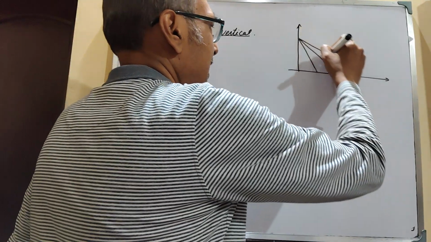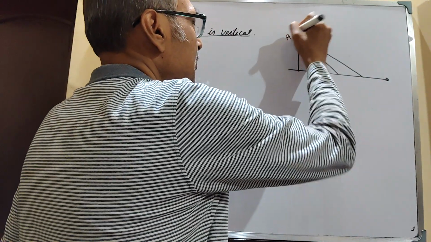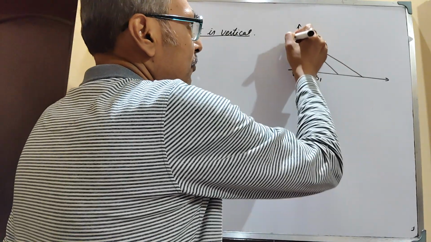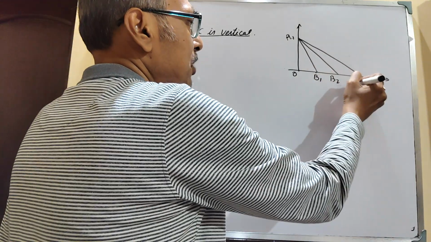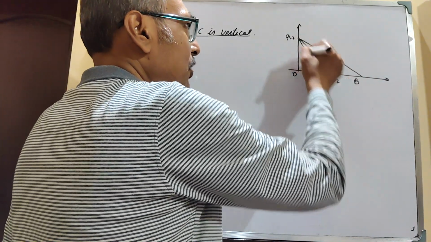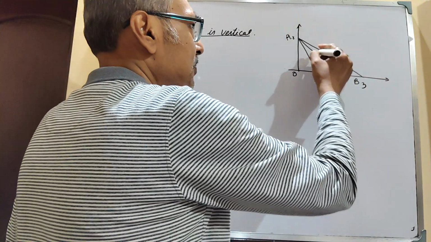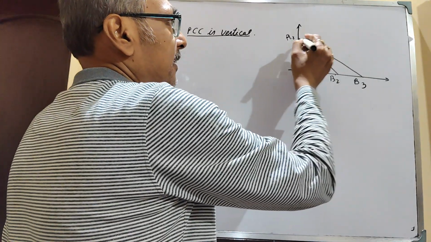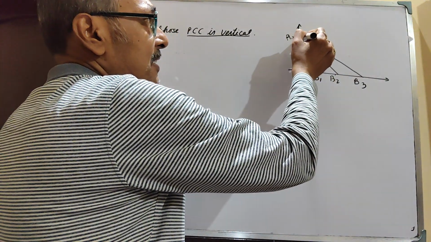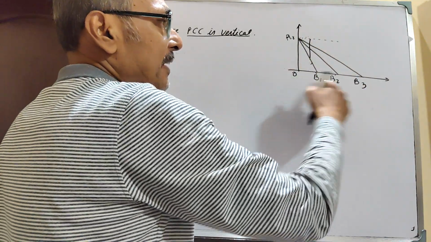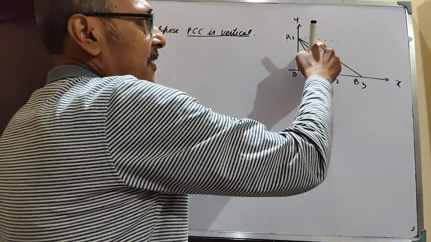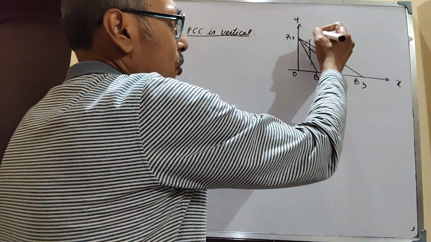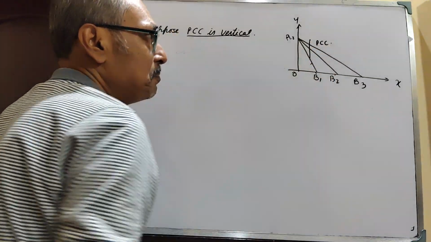These are the different budget lines when Px falls, keeping Py and M constant. The budget line rotates as usual from A1B1 to A1B2 to A1B3, and the PCC is vertical. First I am drawing a vertical line. Always remember, if I draw a parallel straight line from A parallel to the x-axis, then PCC cannot cross this line. Okay, this is PCC. Relevant portion of PCC is vertical.